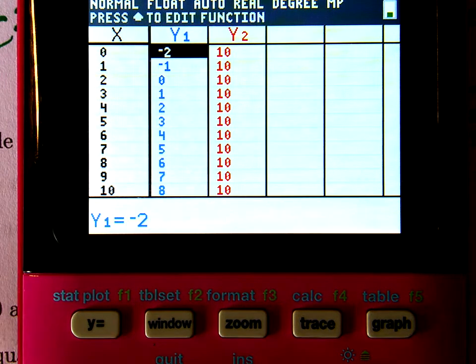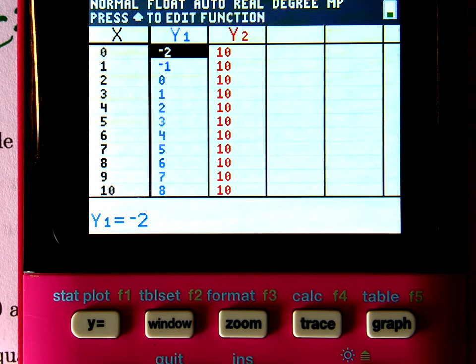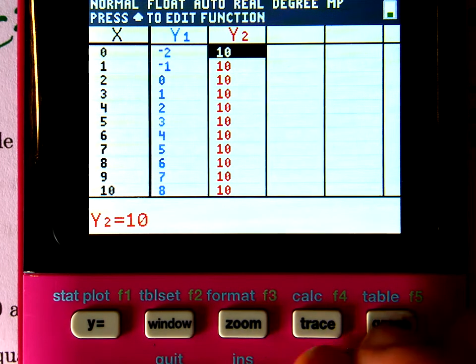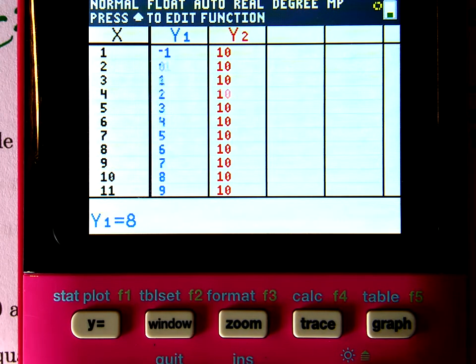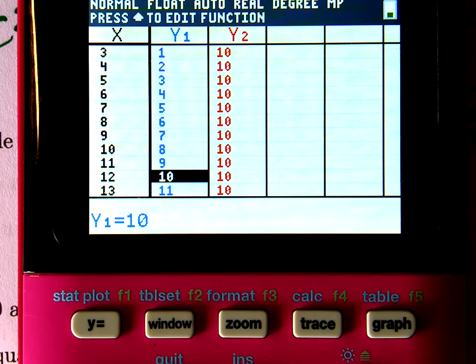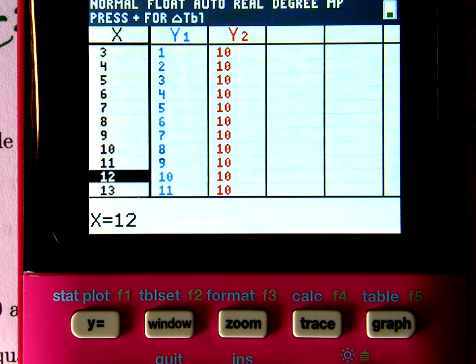And remember, in y1, we put in the left side of the equals, which was d take away 2. And in y2, we put in the right side of the equals. And now if we keep going down, we will find out when these are really equal. There it is. They are both equal to each other when x is 12.